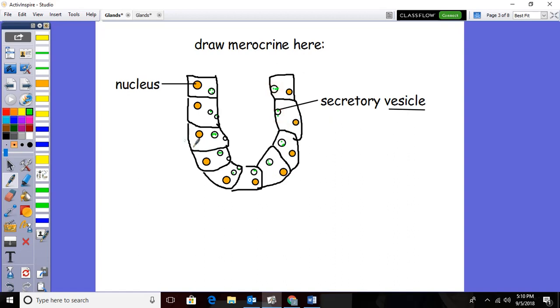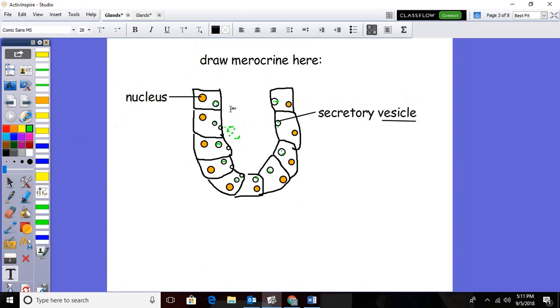Now what's going to happen if you look at this cell over here is this little secretory vesicle is going to move closer to the cell membrane, and then when it does, it's going to release that secretory product into this place in here, which is called the duct. So remember, this middle part is the duct of the gland. That's this whole middle part.